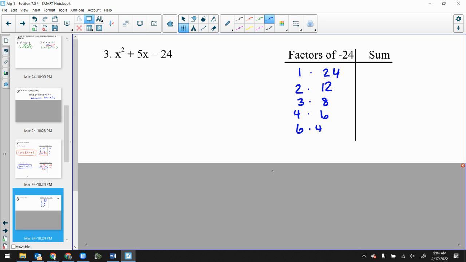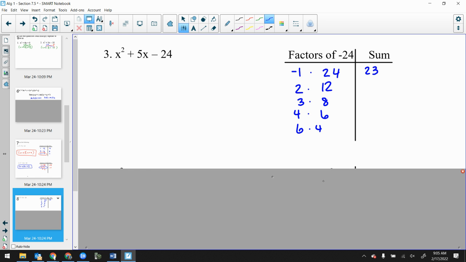Now, here's the deal. I want this to be negative 24. So what do I need to do here? Take a look at 1 and 24. Make one negative. Now, negative 1 plus 24. What is that? 23. 8 times 3, 12 times 2, 24 times 1.